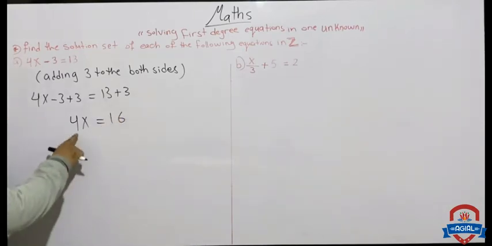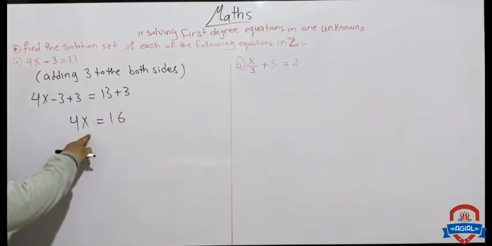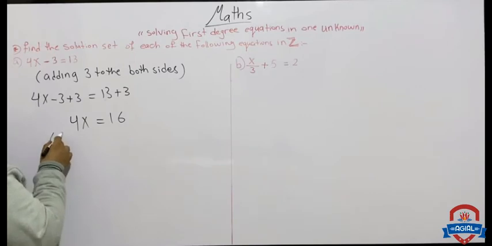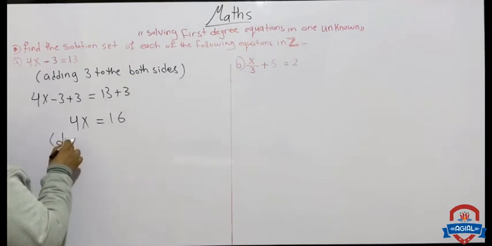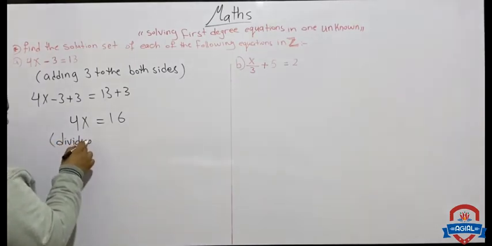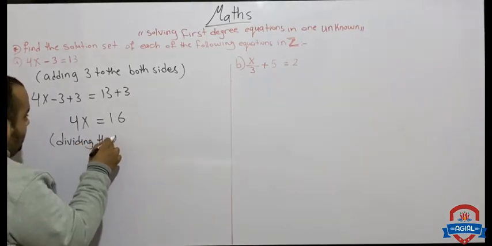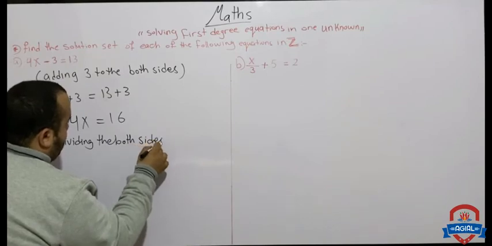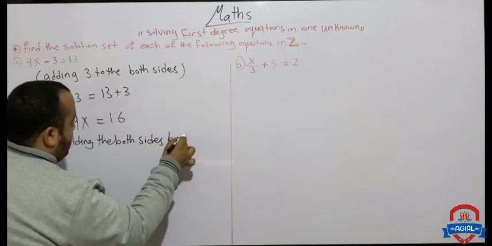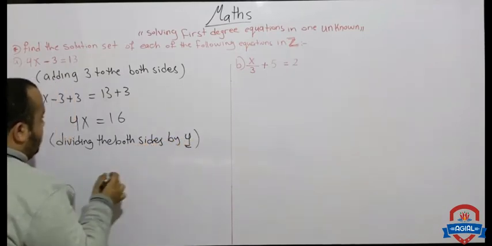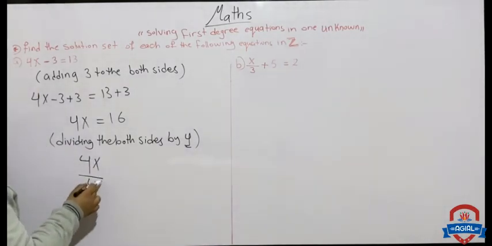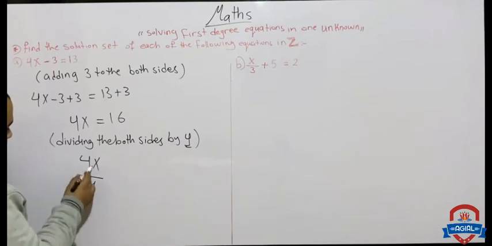And now we have 4 multiplied by the unknown x. So we need to divide both sides by 4. Four x divided by 4 equals x.